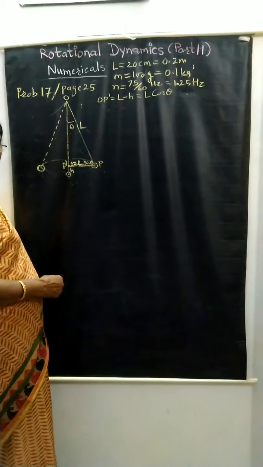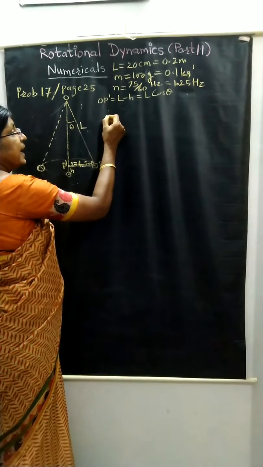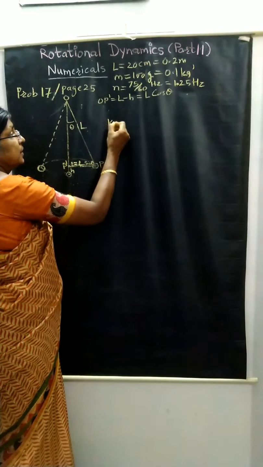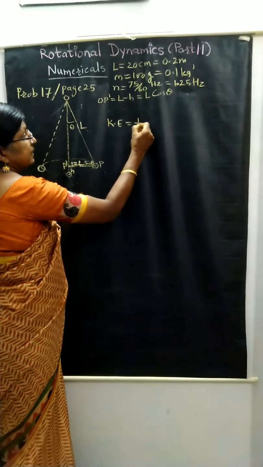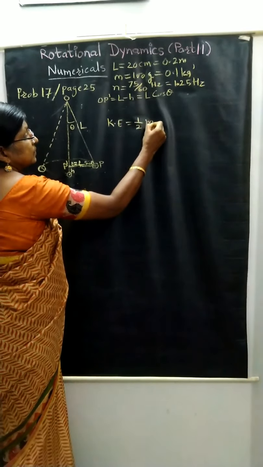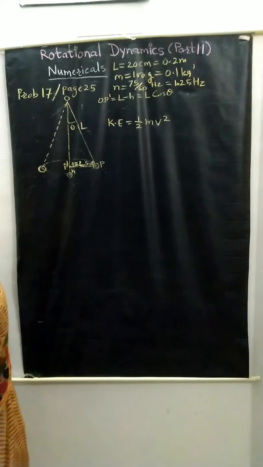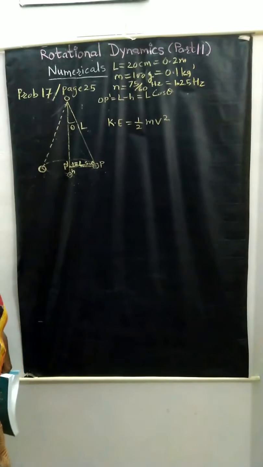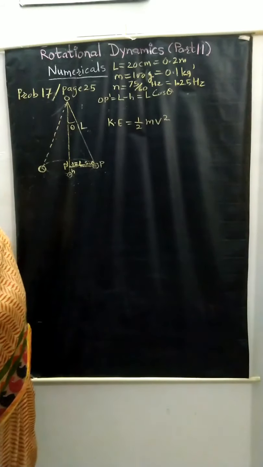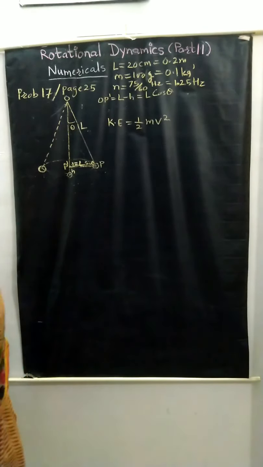Now for the conical pendulum, we know that the kinetic energy is equal to half mv square. But for the conical pendulum, we have calculated the velocity v is equal to under root r g tan theta.